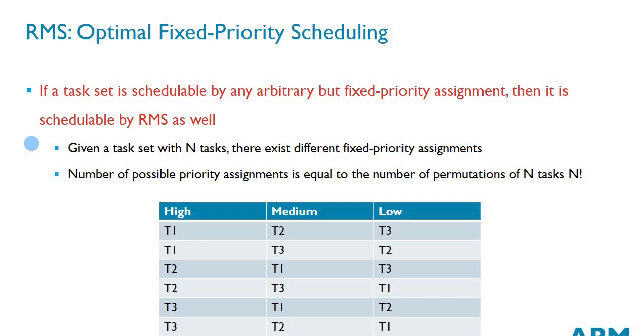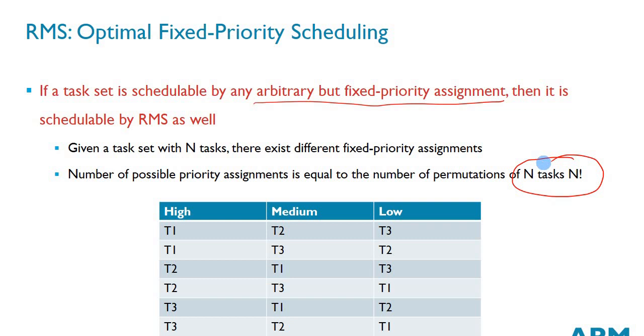For RMS, what is known is that I can arbitrarily use a fixed priority assignment with the current task set that I have. If I have n tasks, I have a total of n factorial permutations of priority assignments.